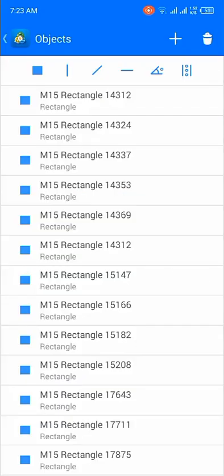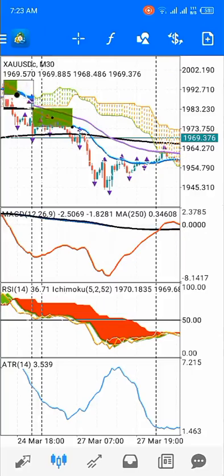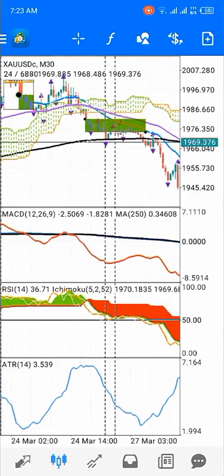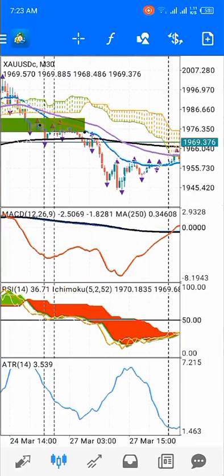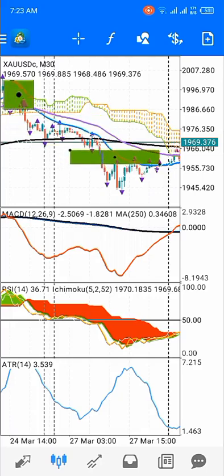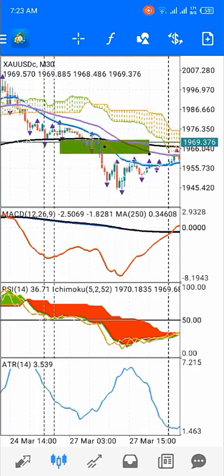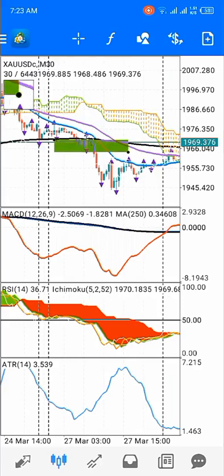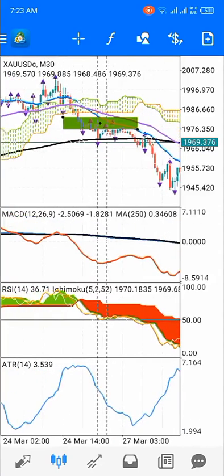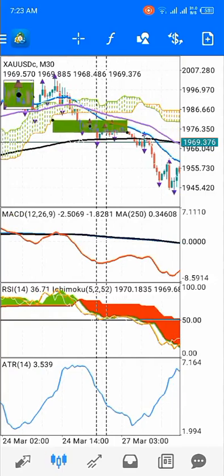Now let's look at a situation where you get to sell, when price develops below the Ichimoku and the moving averages. An example is around that point. That's another point, but you have the black line below it.